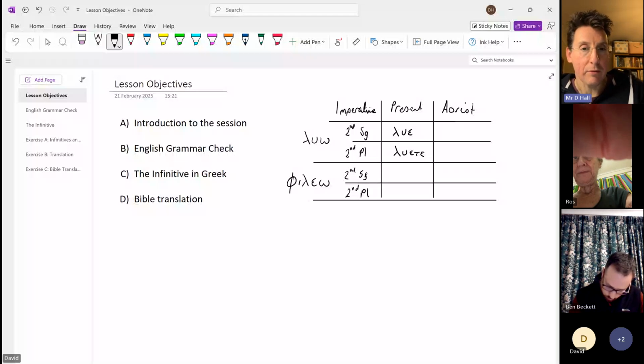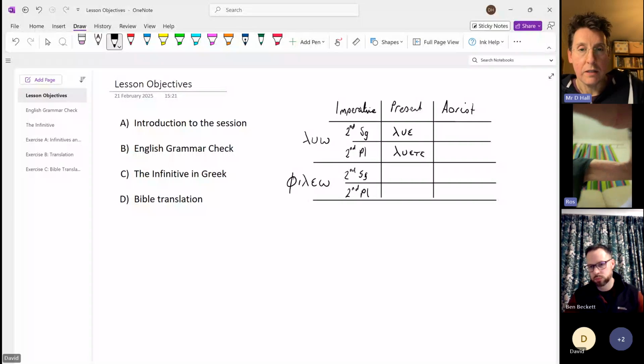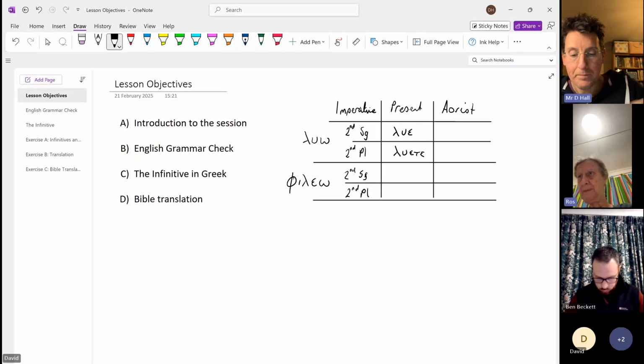So we have to be able to distinguish between whether we are commanding somebody or asking somebody to do something, or whether we're just making a statement, and the context will indicate which is which.